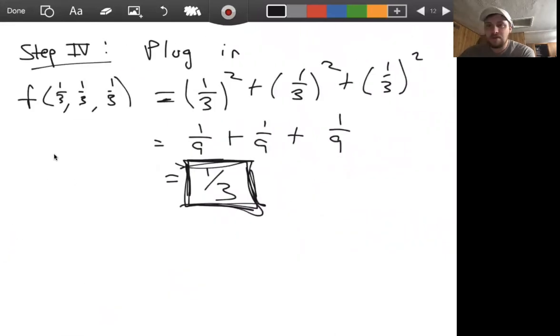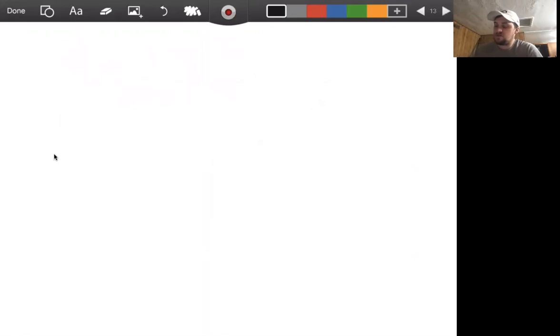Now that we've seen an example of Lagrange multipliers in 2 variables and in 3 variables, we can kick it up a notch to problems with 2 constraints.